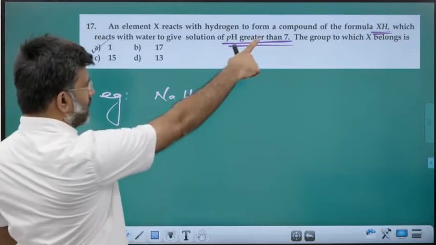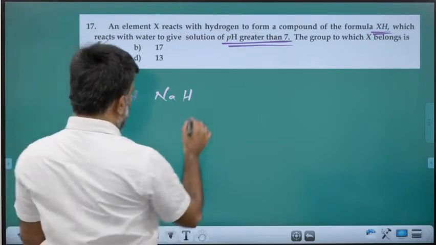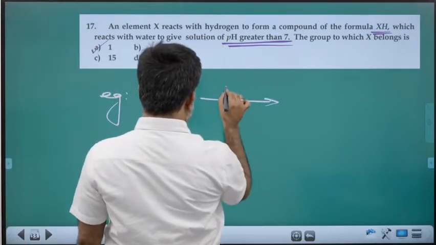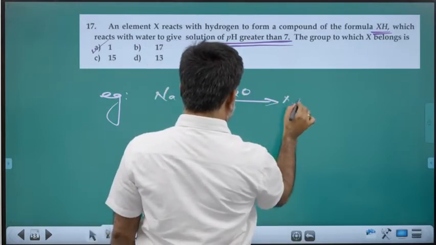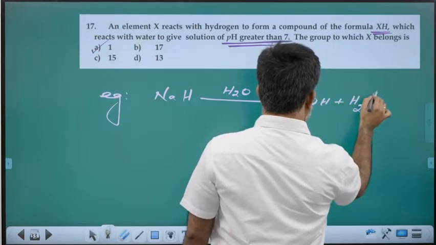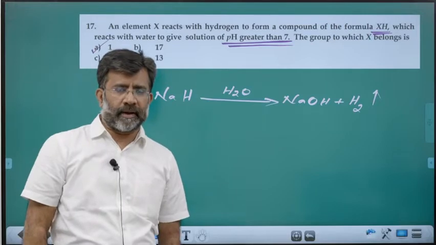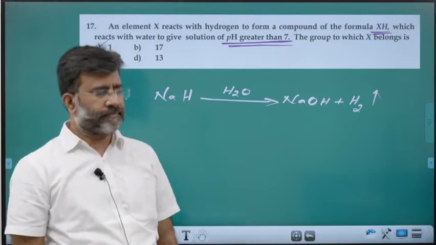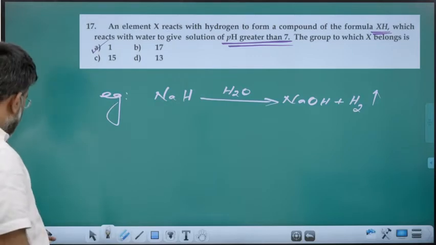See, HX, NaH. It can be only first group, and when treated with water, you get a vigorous reaction: sodium hydroxide liberating hydrogen gas. So the answer is first group. Option A.